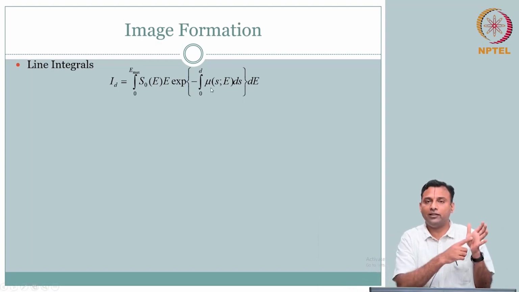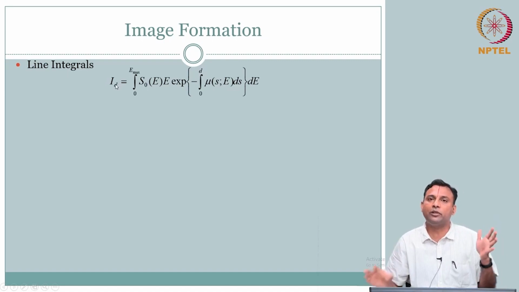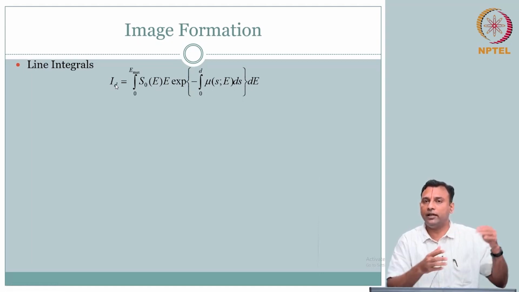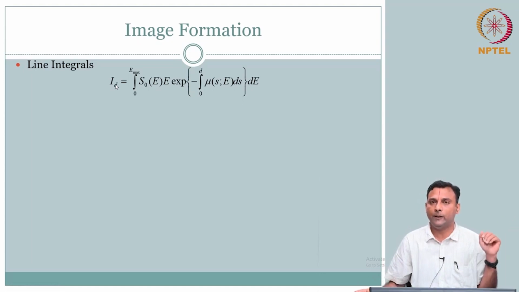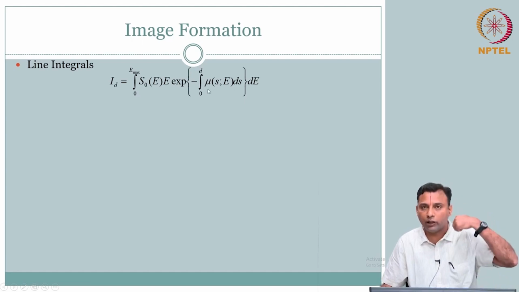But what you measured was this integral, which got converted because of the photochemistry, the film, all those things, and you had an output optical density. Whereas our objective here in CT is to somehow measure this mu along S, along the path it came from.